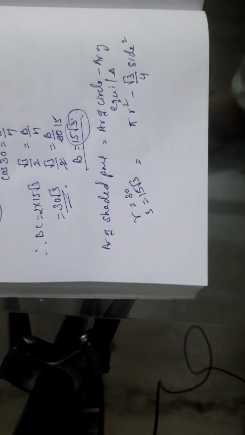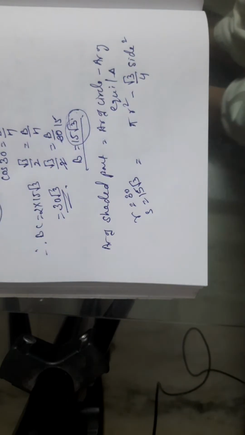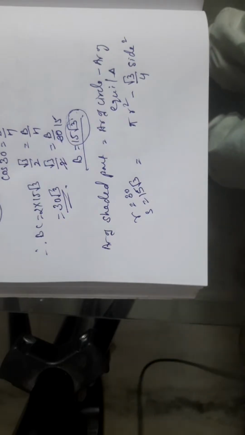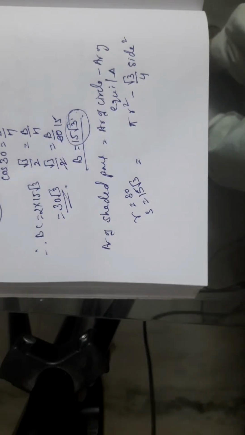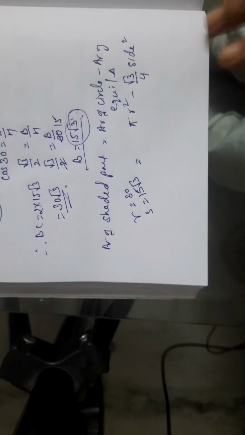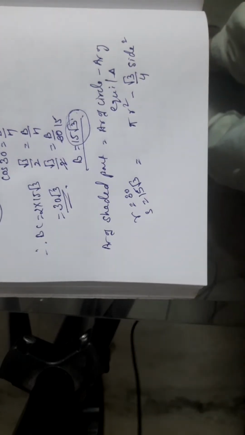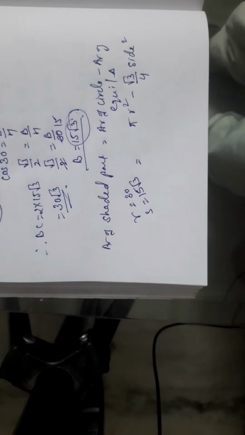Are you getting it, or do you want me to explain? Will you solve it on your own, or do you want me to explain? We need to find pi r square value, then √3/4 side square.